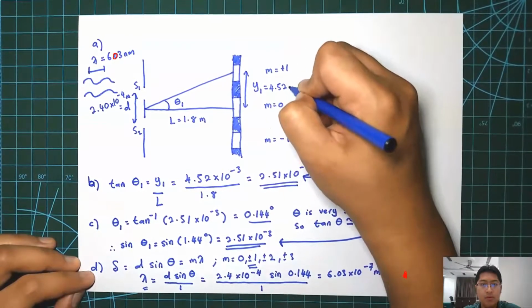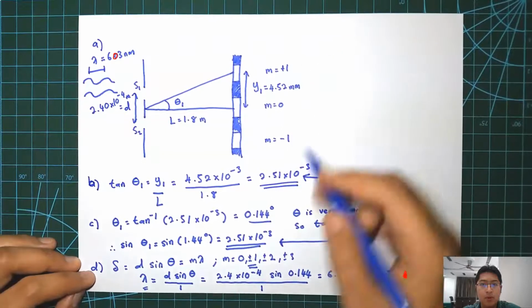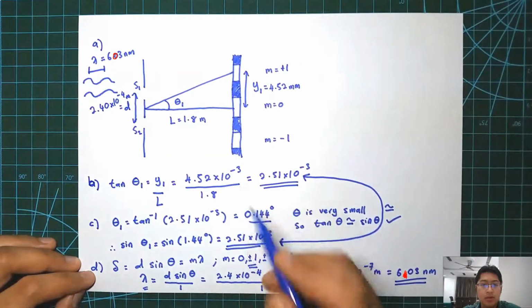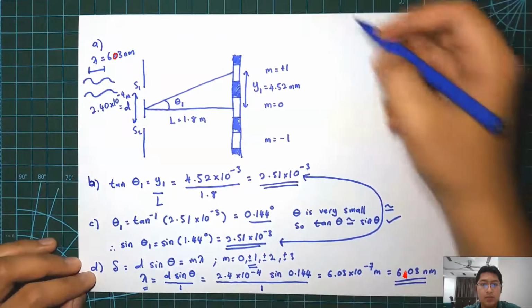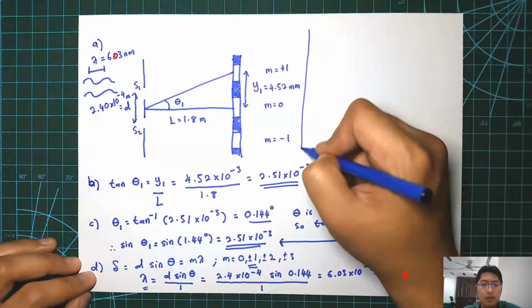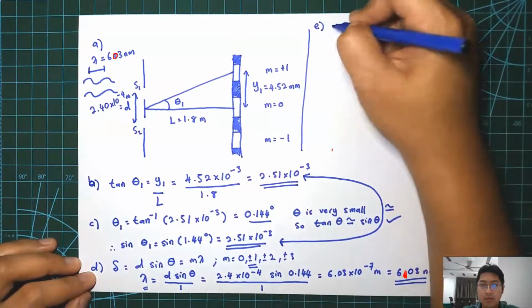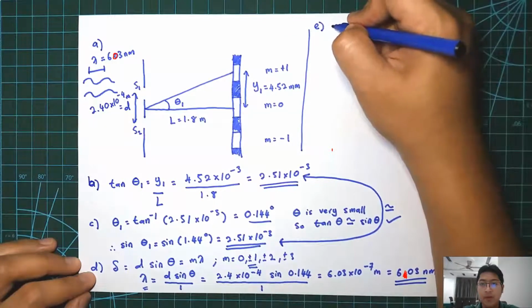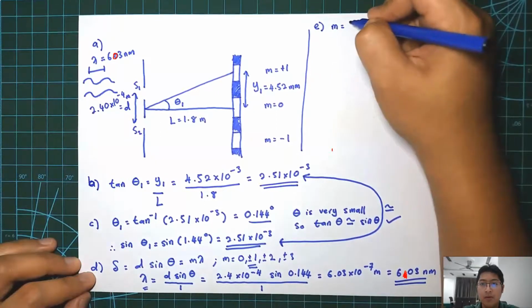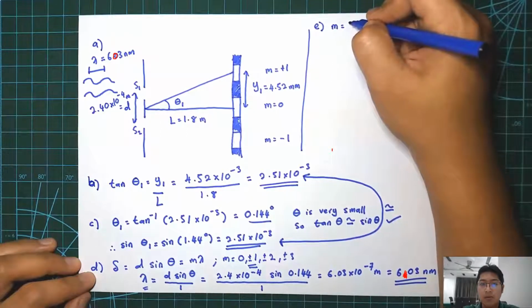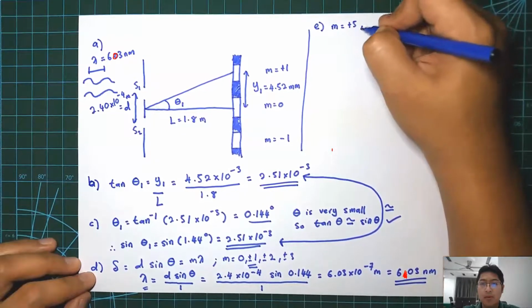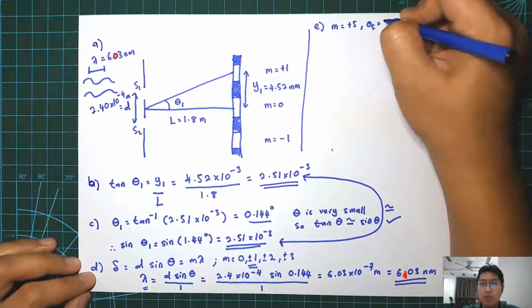So for y1, just now from the question it is 4.52 millimeter. So for question E, m equals 5.